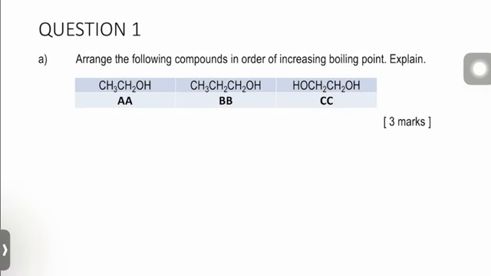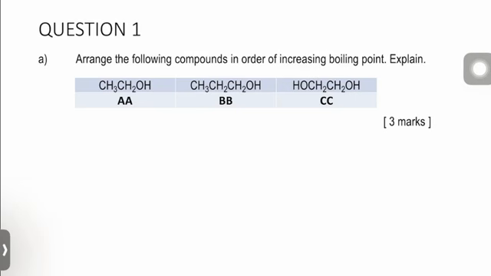All these compounds are alcohols that contain the hydroxyl group. So all of these compounds are able to form hydrogen bonds between molecules, which is a stronger intermolecular force. However, AA and BB have only one hydroxyl group, whereas CC has two hydroxyl groups. So when we compare, the compound having more hydroxyl groups will have a higher boiling point.